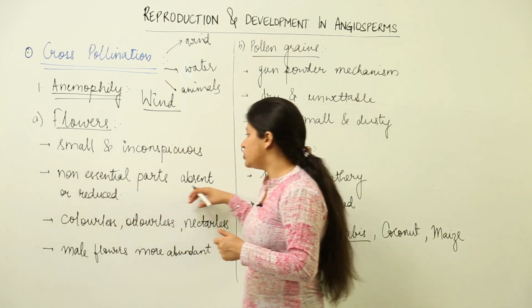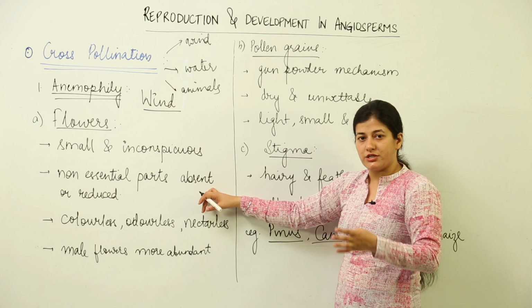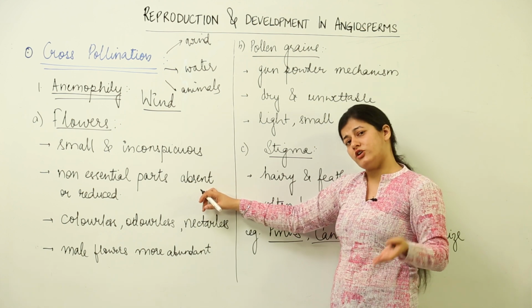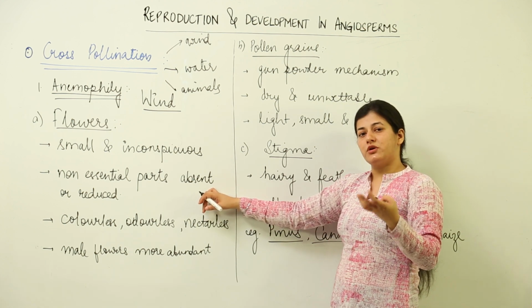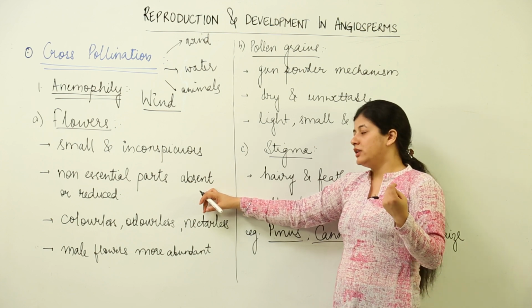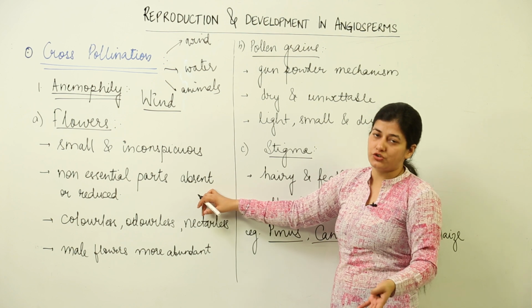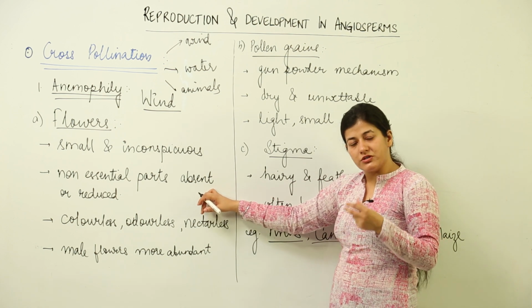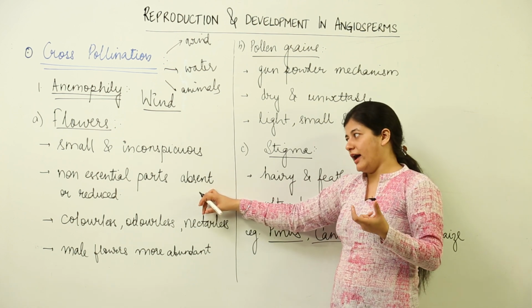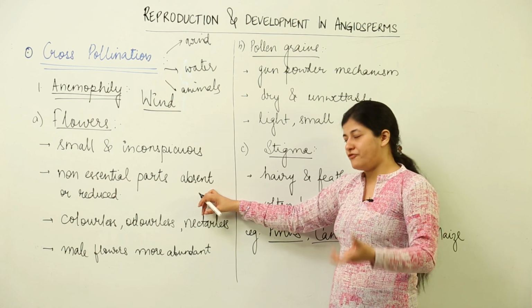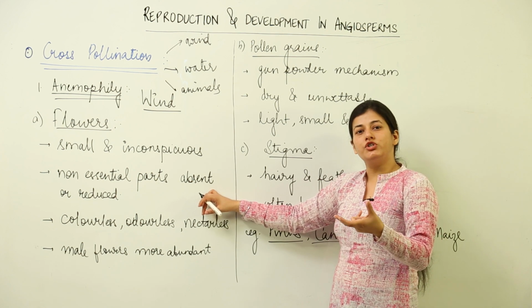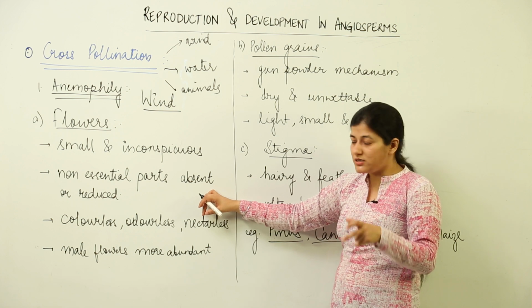The non-essential parts are absent or reduced. Considering the structure of a flower, the two non-essential parts are the calyx and corolla. So the flower prefers that they should be either absent or highly reduced, because preferentially, the gynoecium and androecium parts of the flower are needed.